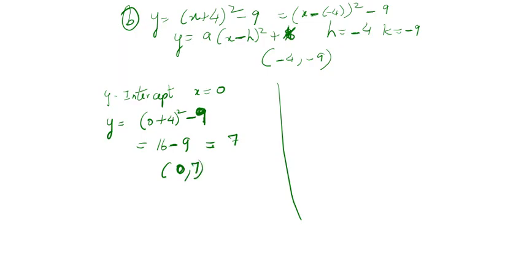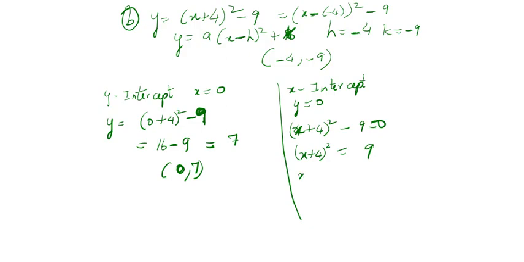Then you're finding your x-intercept. To find your x-intercept, you're putting y is equal to 0, so you get x plus 4 the whole squared minus 9 is equal to 0, or you get x plus 4 the whole squared is equal to 9, or you get x plus 4 is equal to plus or minus, when you take the square root of 9, you get 3.